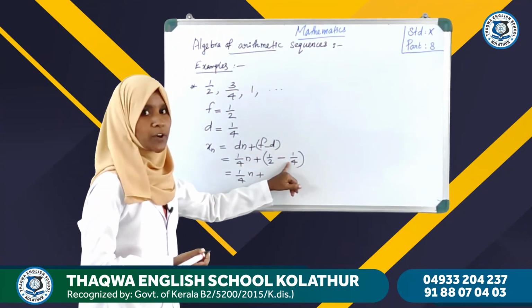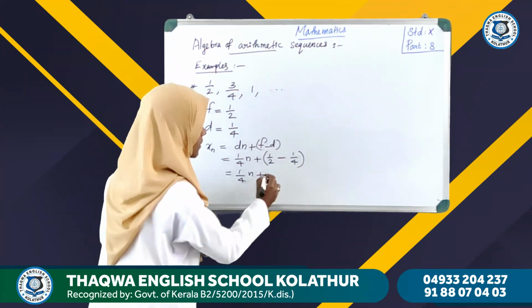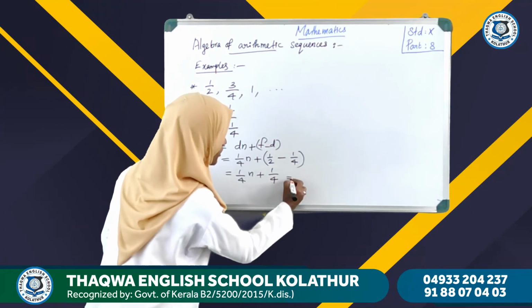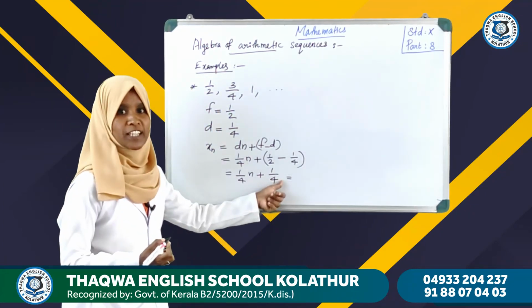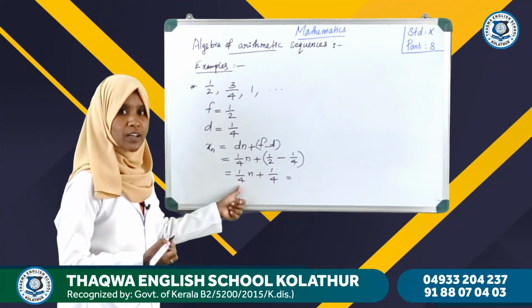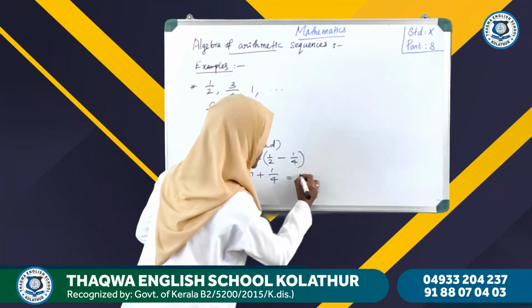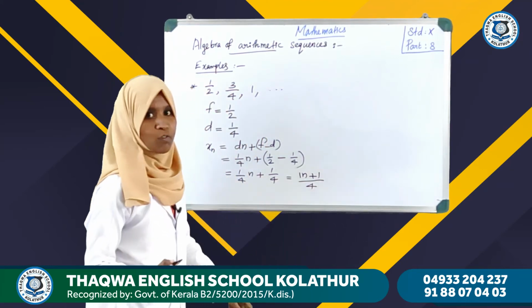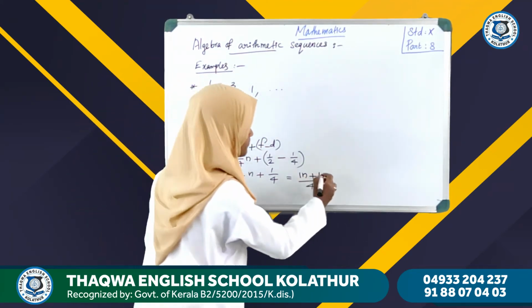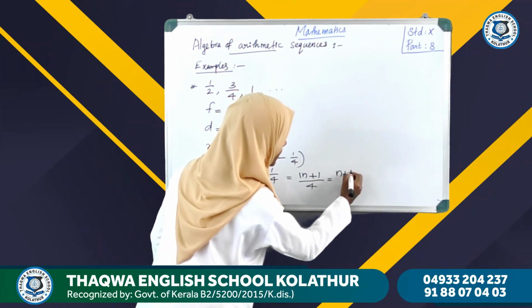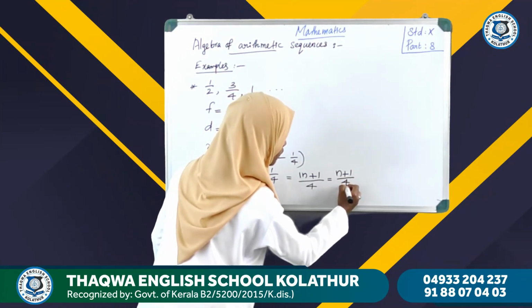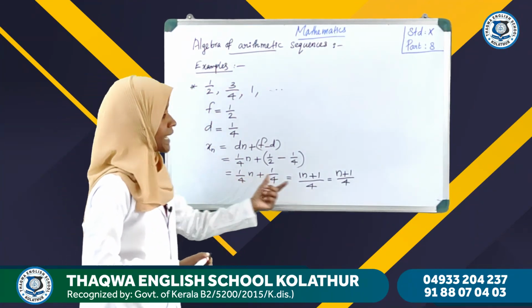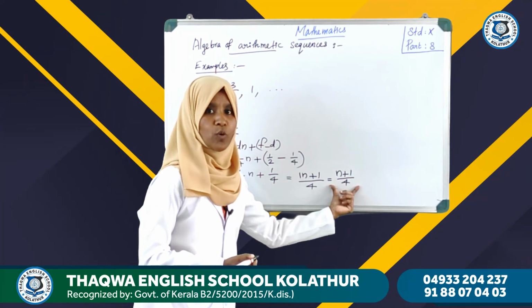Yes, 1 by 4. Here the denominators are the same, 4. So we can write n plus 1 whole divided by 4. The nth term of the sequence is n plus 1 by 4.